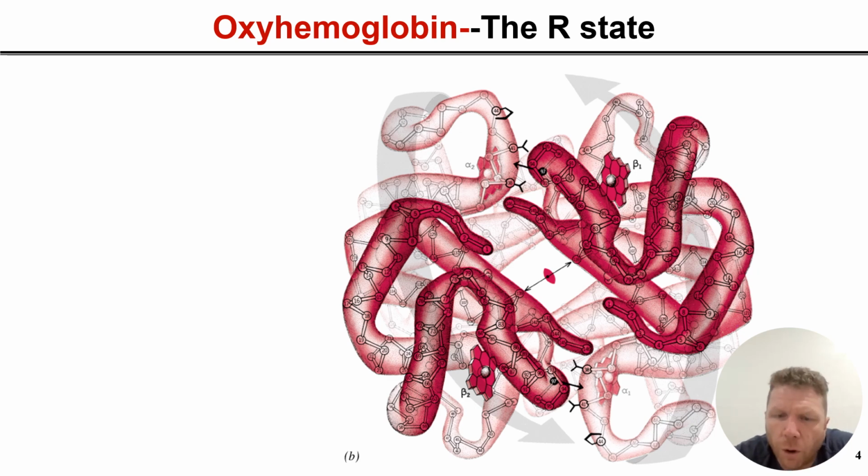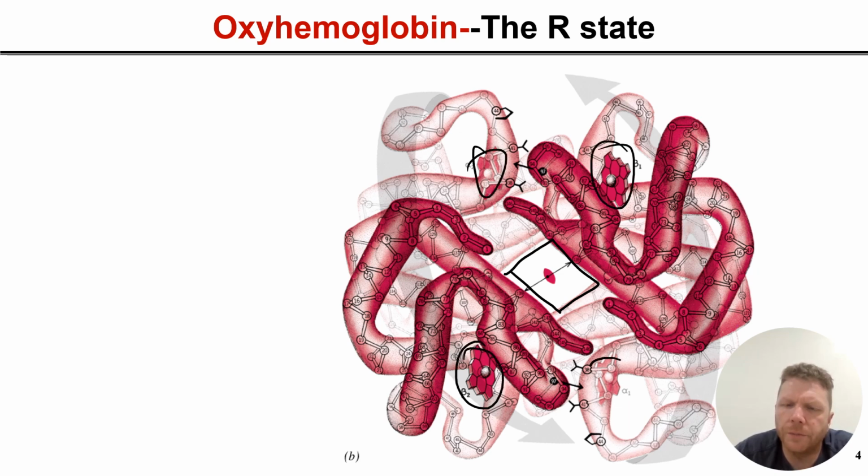What I wanted you to recognize is what has happened to this central cavity. It shrank, it got smaller. Now this is our R state of our protein. So we have O2 bound here, here, here, and here. There are 4 different locations. This is our fully oxygen saturated form of our protein.